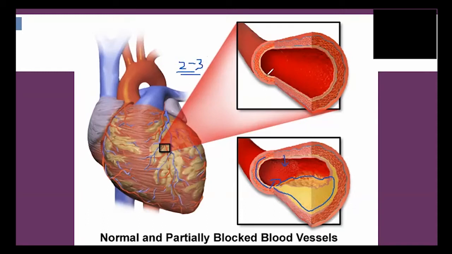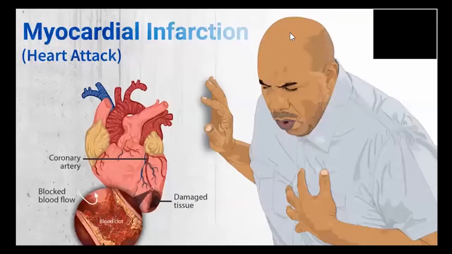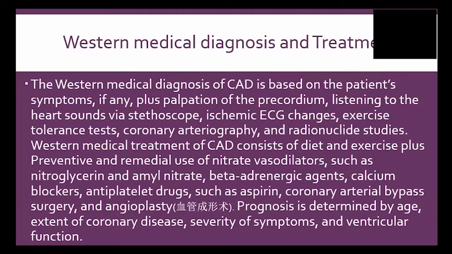During that time, the smooth muscles contract and the blood vessels are narrower. Then they relax, and more blood goes to the heart again. So when we dilate the blood vessel here, we can allow more blood to go to the heart muscles. So that's the medication. We have a category here, with different medications.